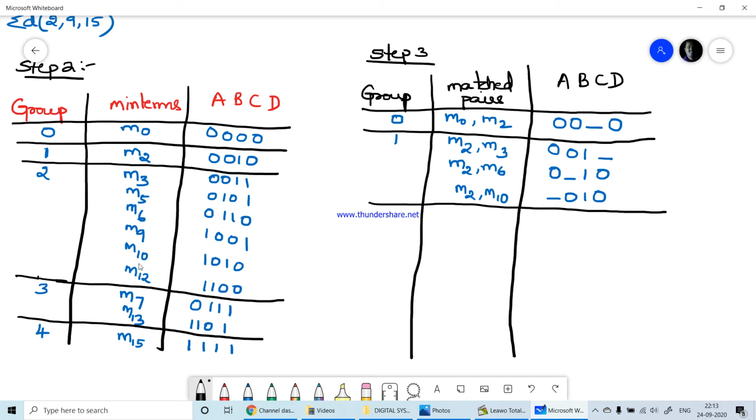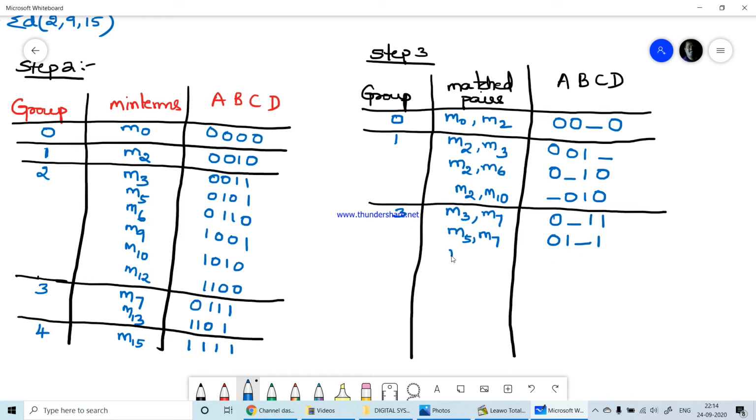Now group 2 compared with group 3 will give this group in this particular table. When you compare M3 and M7, you get 0 dash 1 1. Similarly, you can see M5 and M7. I'll just go fast. You can compare it and see. We'll get 0 1 dash 1.